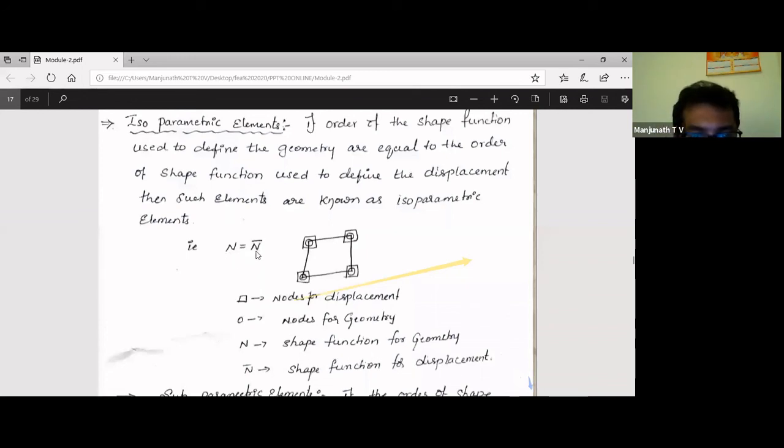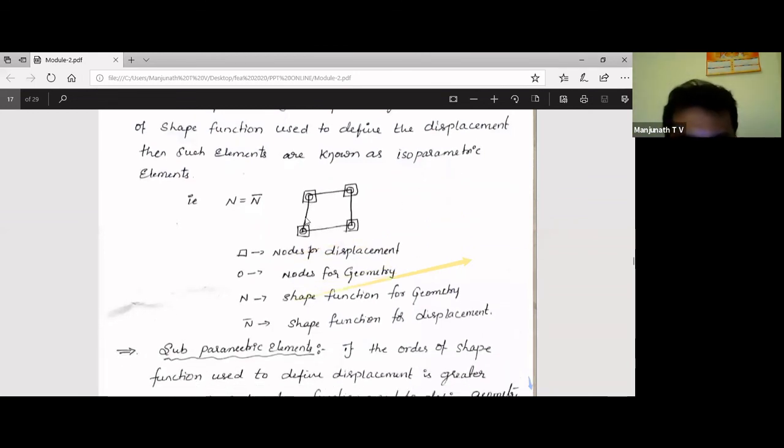If N equals N dash, that is, the same shape functions are used to define both geometry and displacement, the number of shape functions being equal, then such elements are called isoparametric elements.